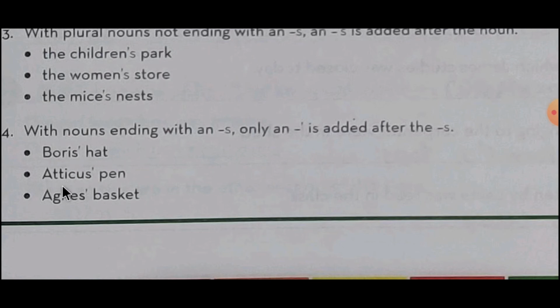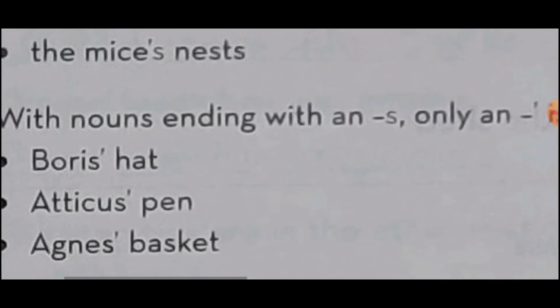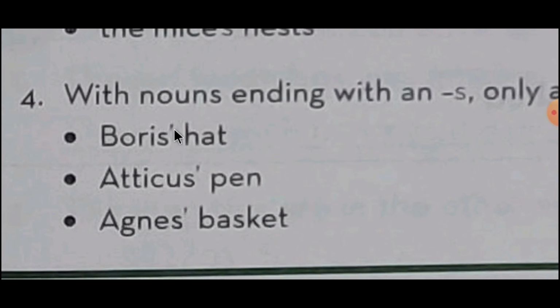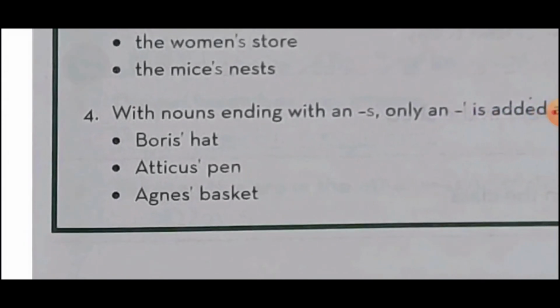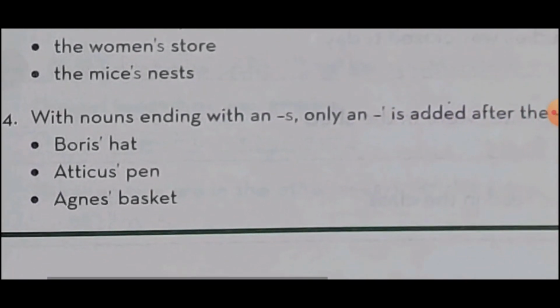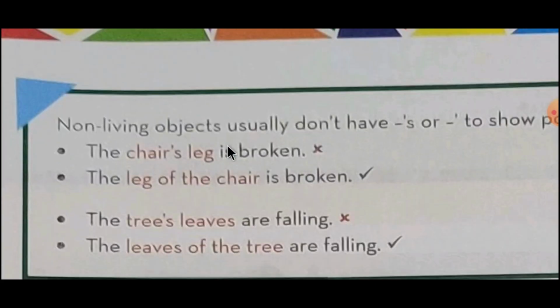Boris' hat, Atticus' pen and Ignis' basket. So here Boris, Atticus and Ignis, all the nouns have the s alphabet at the last. To show the possessive form, we have to just add the sign of apostrophe over here. So these are a few uses of apostrophe to show the possessive form between the nouns.